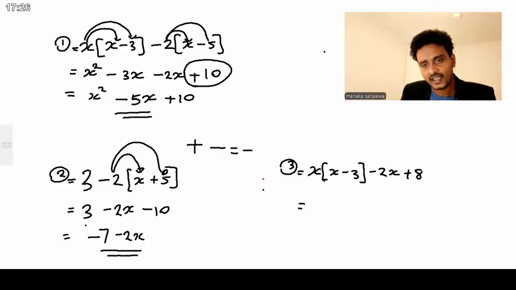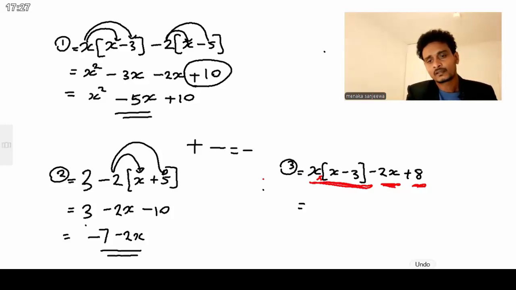Now x and x minus 3, there's a multiplication between these two, so we have to consider this as one single term. And this minus 2x is another term. So 8 is another. I told you a bracket we consider as one term, and terms are separated by plus signs and minus signs. Now these are 3 terms here.